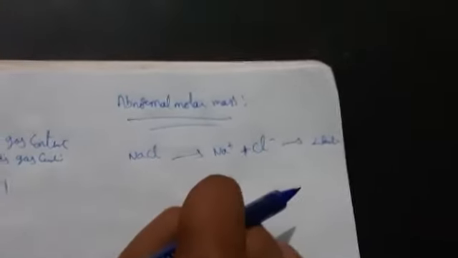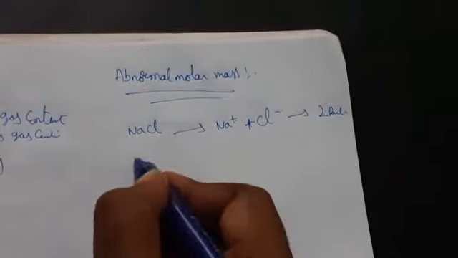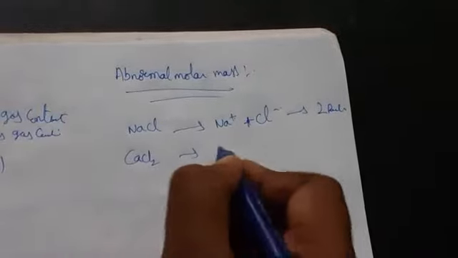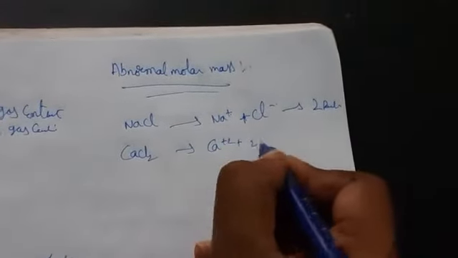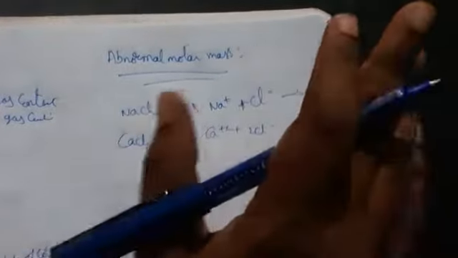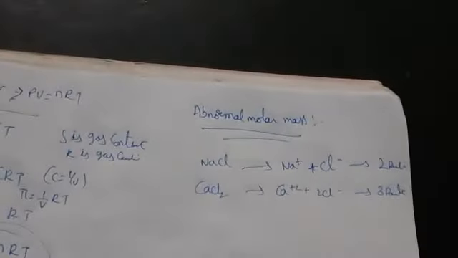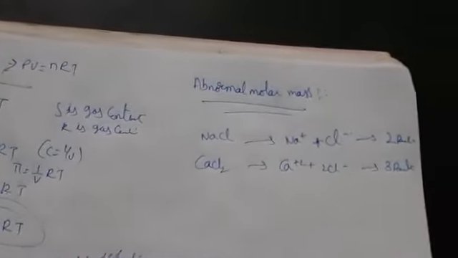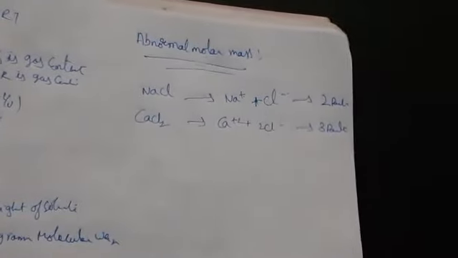Not only this, if you take CaCl2, what is it giving? Ca 2 plus and 2 Cl minus. So it is giving three particles. So it depends upon the solute particles, not on the nature of the solvent, we can say. So this is generally about colligative properties.